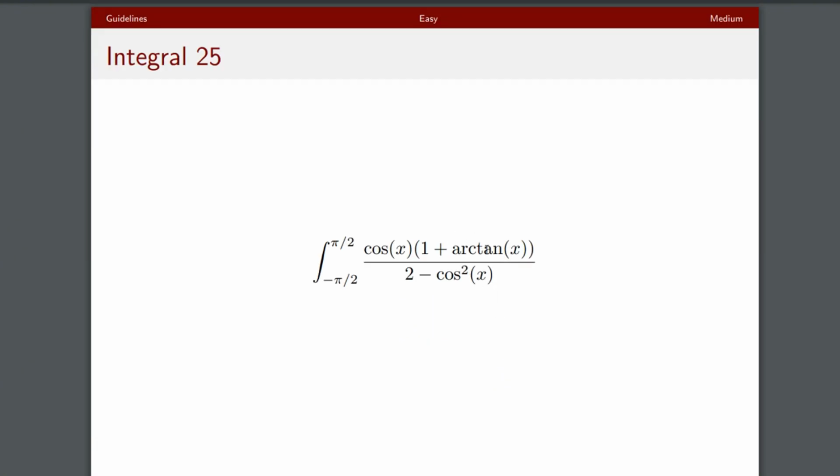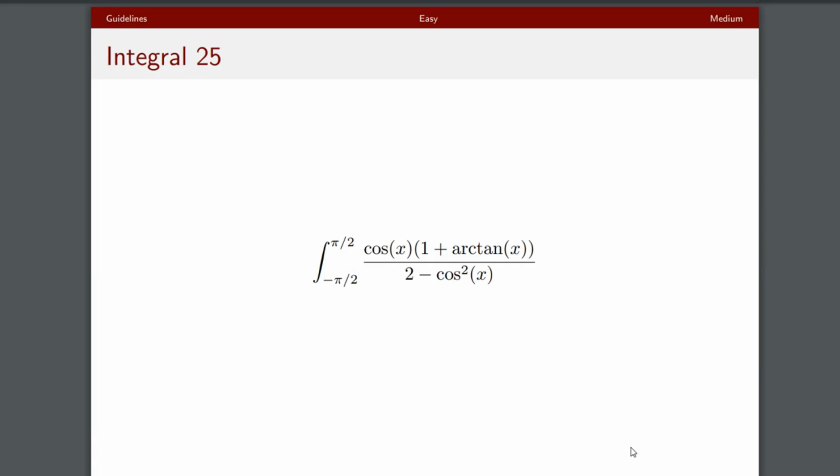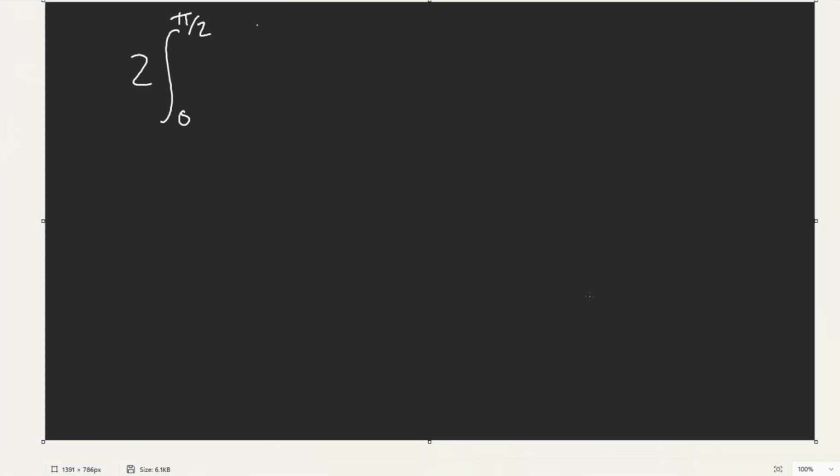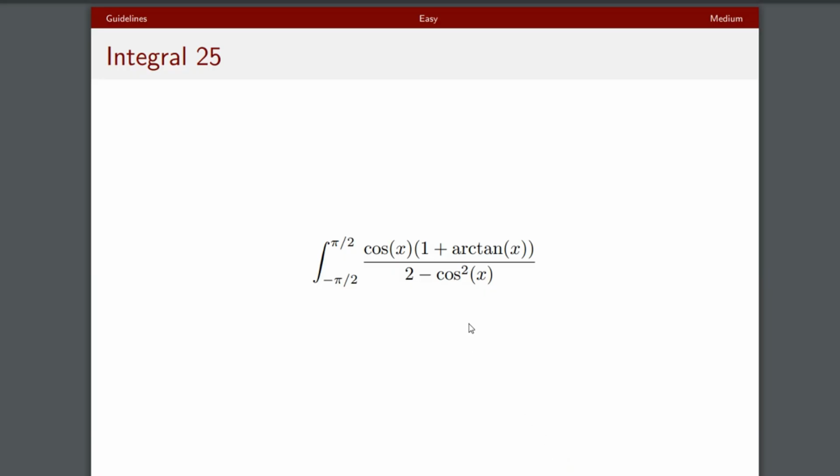Okay. That's an odd function. So we can split this. So what we have, take away my sad integral, from 0 to pi over 2. I'm just going to use symmetry because it's an even function. Then we get cosine of 2 minus cosine squared, right? That's exactly what we have.